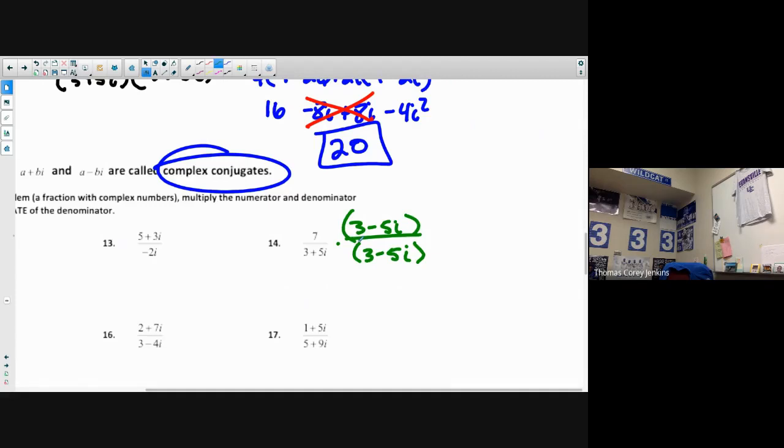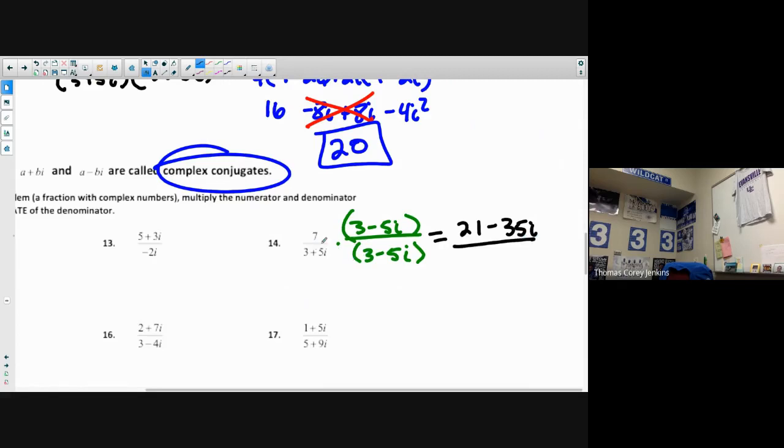Okay. So on the top, it's pretty easy. All I'm doing is distributing. 7 times 3 is 21. 7 times minus 5i is minus 35i. On the bottom, though, you'll get used to it.